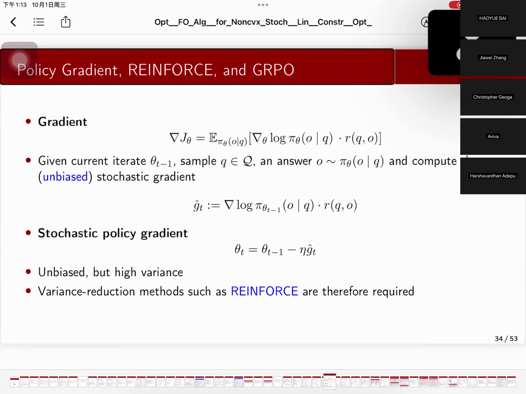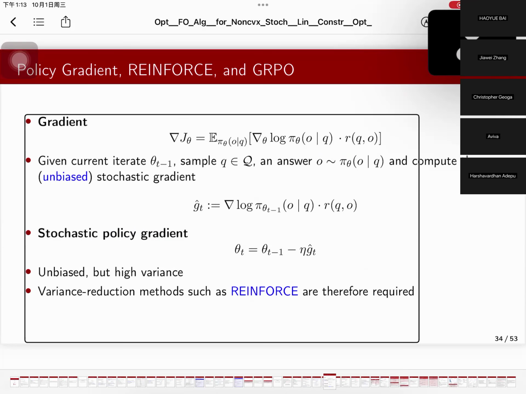Okay, so given this one-step objective function, we want to do gradient descent, actually gradient ascent, for this objective function.